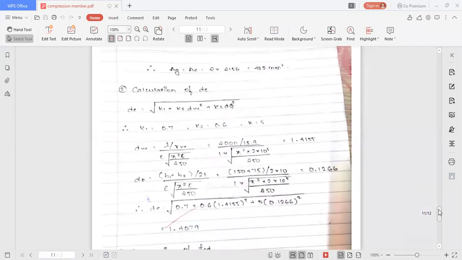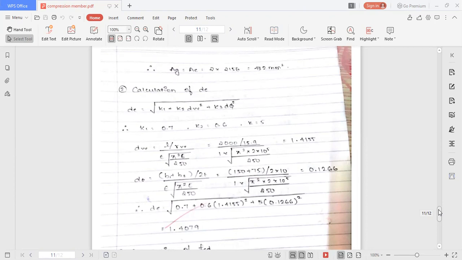Now again, gross sectional area will be equal to the effective area, that is 2 into 2156. So you are getting 4312 mm square. Now you need to calculate lambda. Here D is nothing but the lambda I. Lambda is nothing but the slenderness ratio. उसके लिए आपके पास में फॉर्मूला है K1 plus K2 into lambda VV square, and here they have taken DVV.